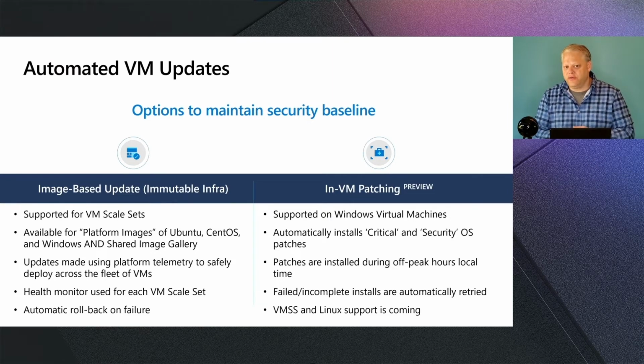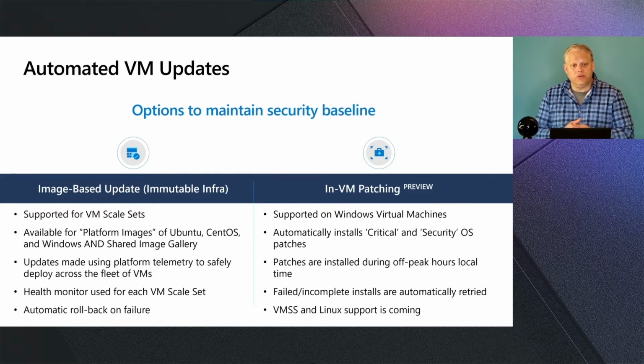But we've also heard from many of you customers that you want to do updates within the virtual machine using patching capabilities built into the operating system, such as Windows Update for Windows virtual machines. So we are announcing this week in preview VM patching that you're able to do, starting with Windows. And as you see below, we'll continue to add Linux and VM scale sets going forward.